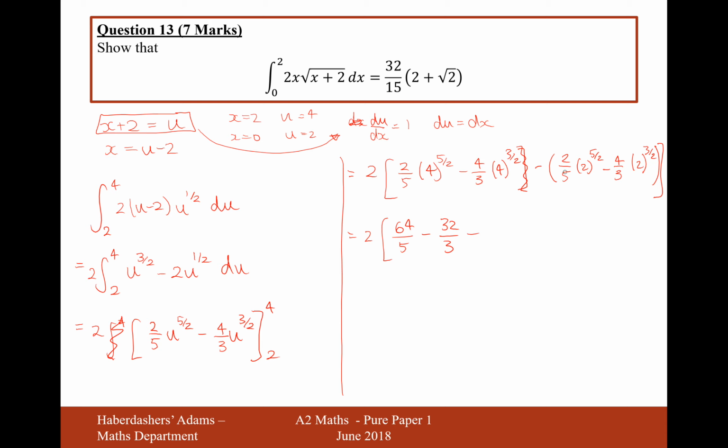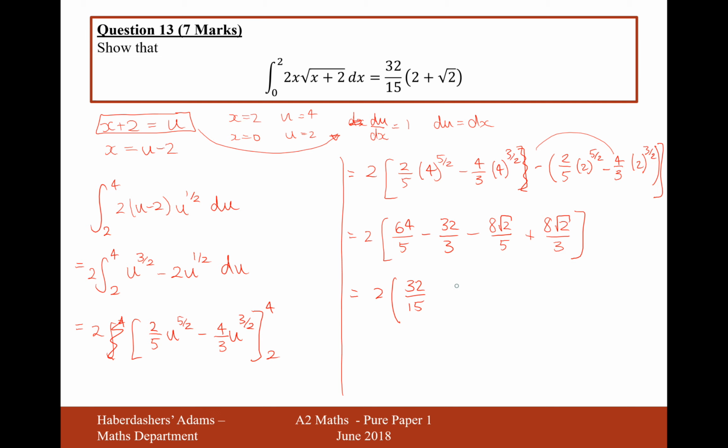Then it's going to be minus 2 to the power of 5 over 2, well that's going to be 4 root 2, so that's going to be 8 root 2 over 5, and then the double negative from expanding this bracket here and here is going to give me plus, it would be 2 root 2, so that's going to be 8 root 2 over 3. So let's now grab our calculator and simplify what we can here. We've got 64 over 5 minus 32 over 3, and that gives us 32 over 15.